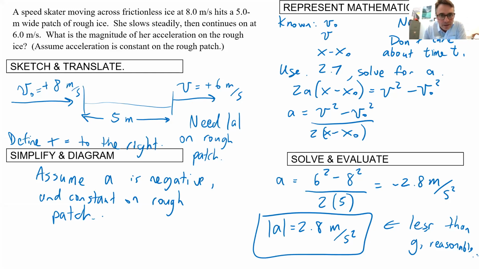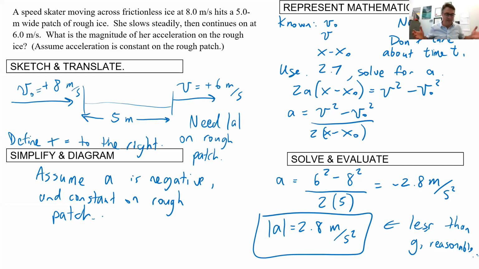Who else has hands raised here? Who hasn't talked? I've got Anurag. Yeah, so in this problem, you put the absolute value of the acceleration as 2.8. Is the reason we're not writing negative 2.8 meters per second squared because it says magnitude?